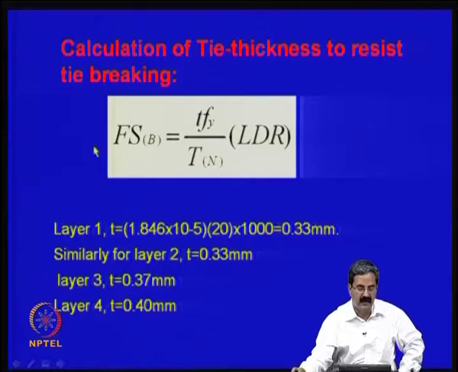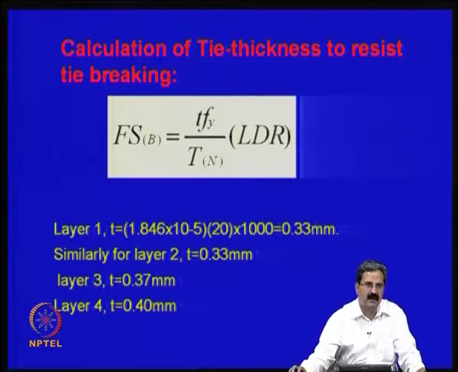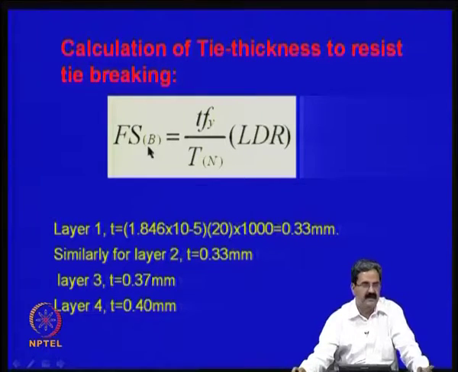As I just mentioned, now we know what is the factor of safety required. One way of calculating the thickness requirement, say for example, I have fixed the width of the tensile member as 65 mm. Everything is trial and error here, as long as you are able to economize and be cost effective. Design should be cost effective, and it should satisfy all the design calculation requirements. So, here I use a factor of safety against breaking of 3.